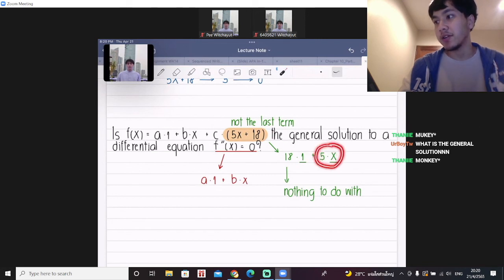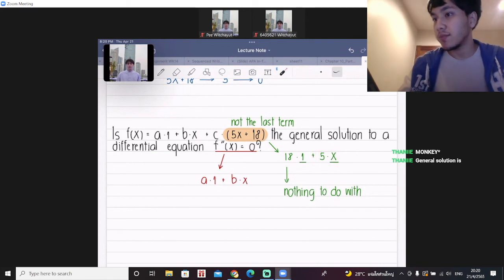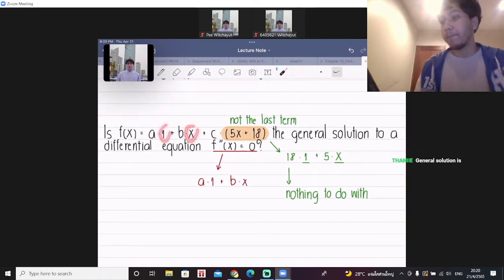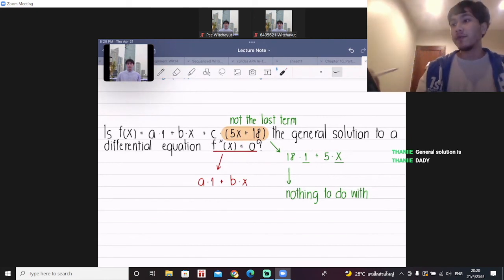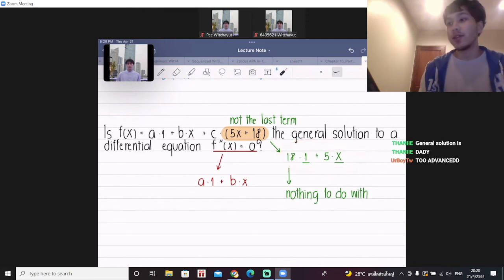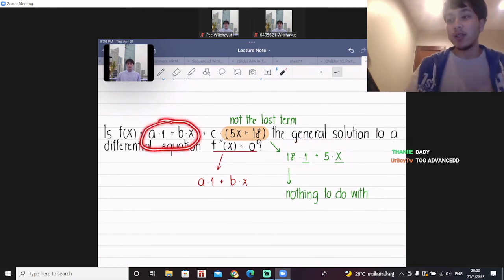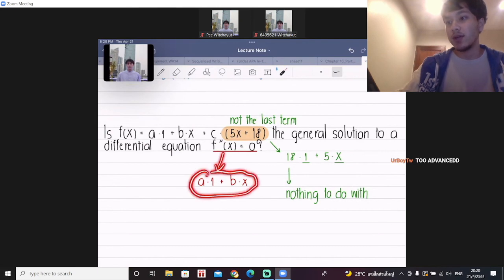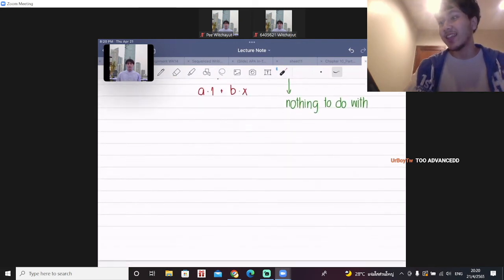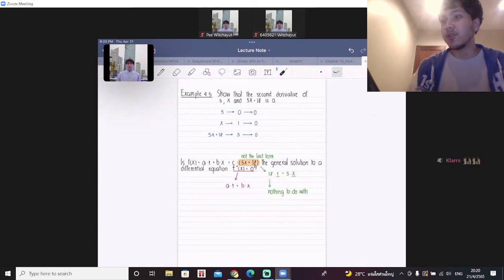That is much like here and here. For the last term, we don't consider it, because for the second derivative we only focus on this one. And f'' will equal this one. Okay, two of them are done.